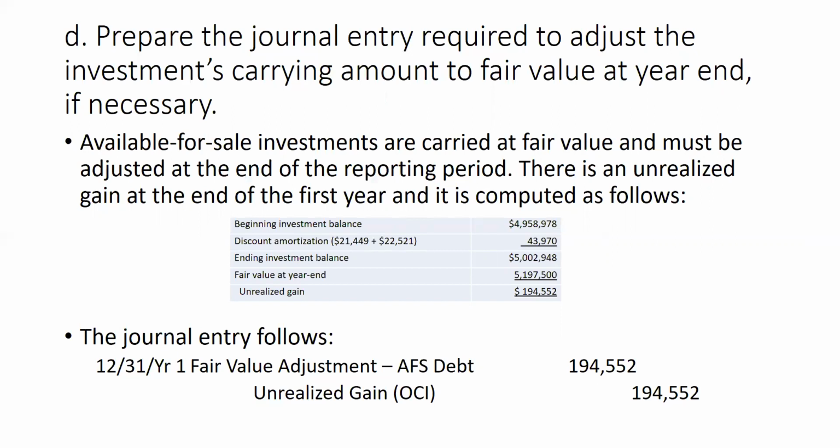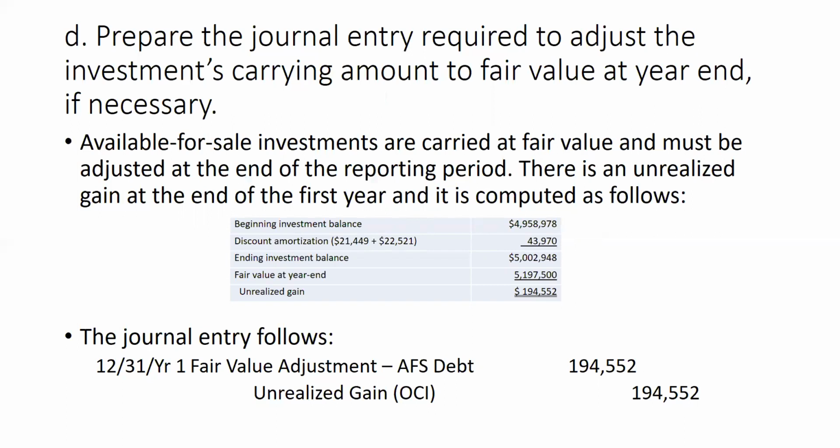$5,002,948. When we compare that to the fair value of $5,197,500, we see that we have an unrealized gain of $194,552. This unrealized gain is credited through other comprehensive income.